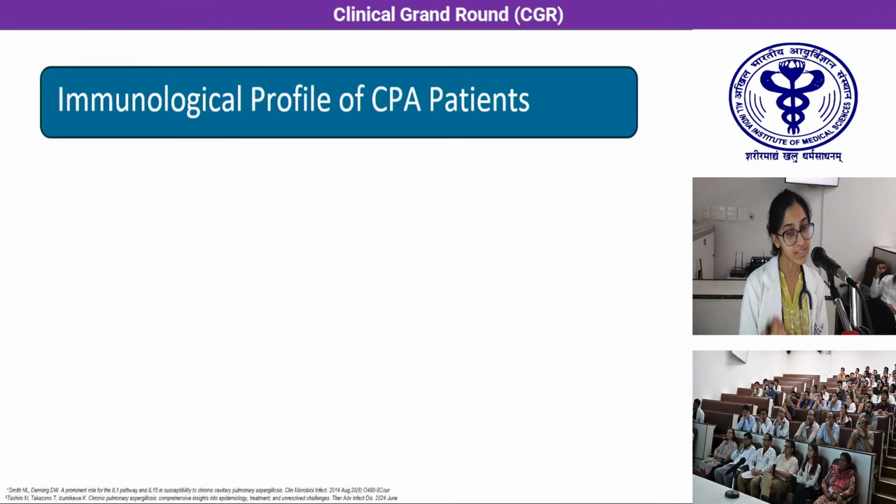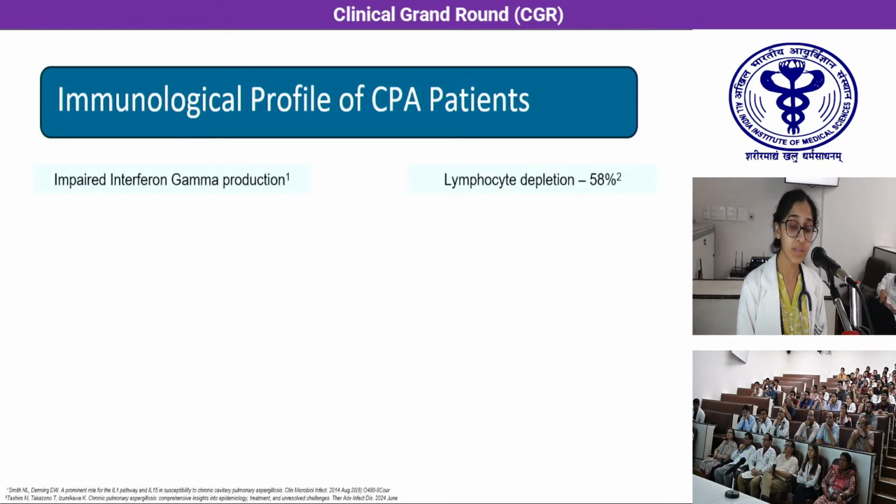Then there have been some studies done across the world determining the immunological profile of CPA patients. There have been studies on the qualitative and quantitative effects on lymphocytes in the peripheral blood of such patients, and it was also found that there was impaired interferon gamma production in CPA patients.